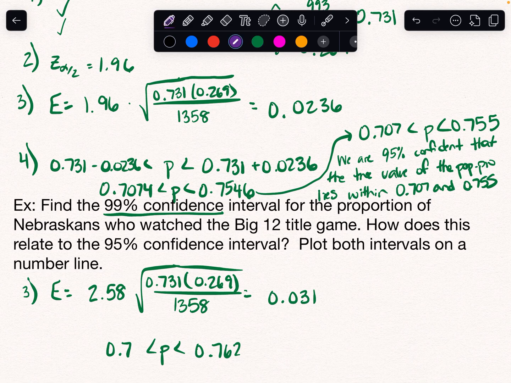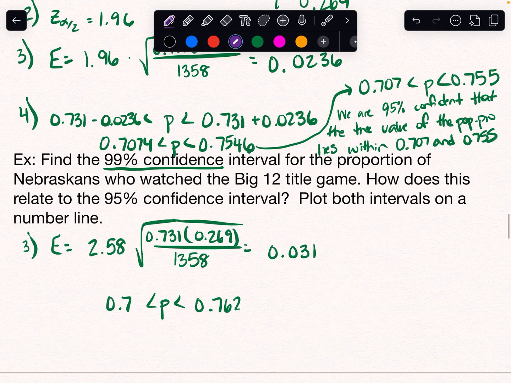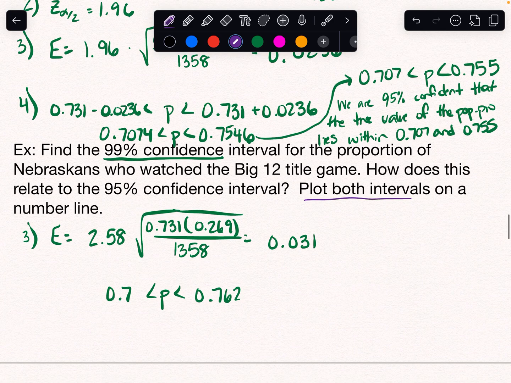Okay. So same thing, I'd say we are 99% confident that the true population proportion would lie between 0.7 and 0.762. So I want to actually plot both intervals on a number line so we can see how a 95% confidence interval and a 99% confidence interval compare to each other.